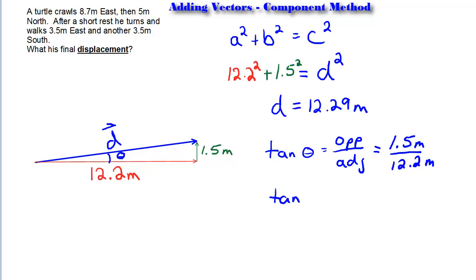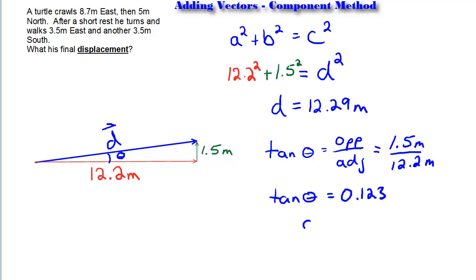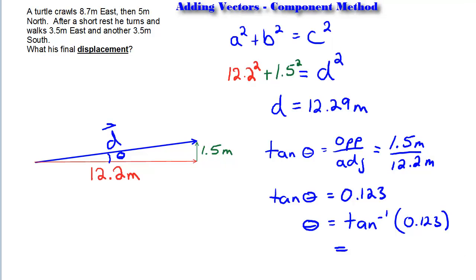So we end up getting tan theta, which is 0.123. To find the angle, we go second function tan, or tan inverse of 0.123. And I end up getting an angle of 7 degrees.